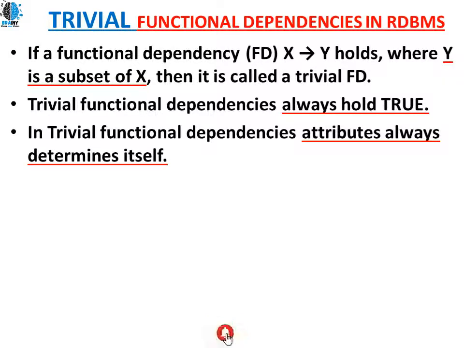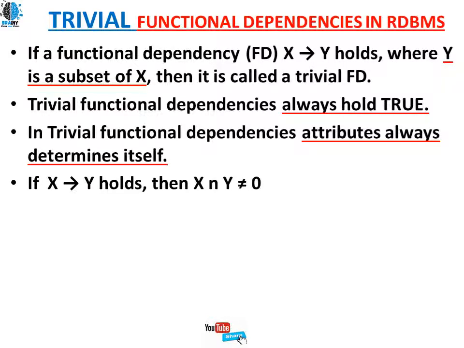How is it going to happen? Let's see. If X goes on Y holds, then the intersection of X and Y will not be null. We will have some value. What does intersection mean? What is common in X and Y. So let's see this, X goes on Y. What is the X value?